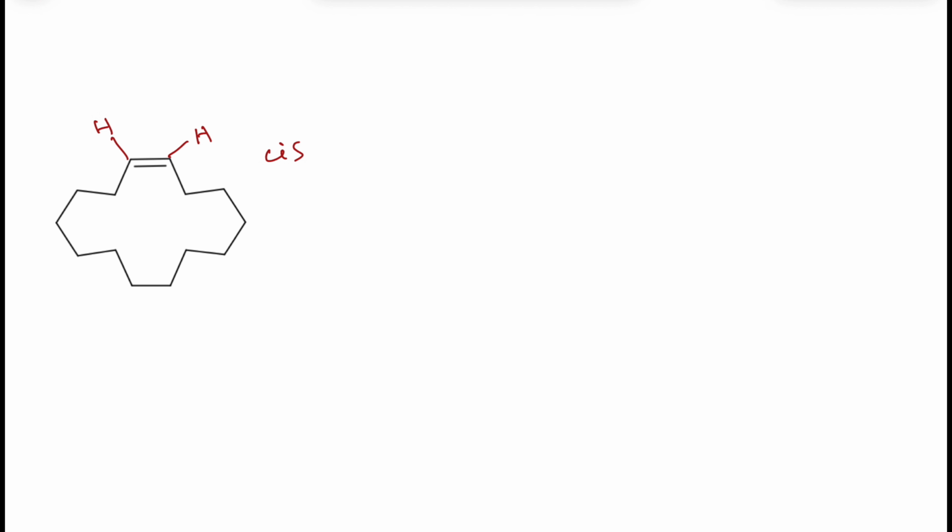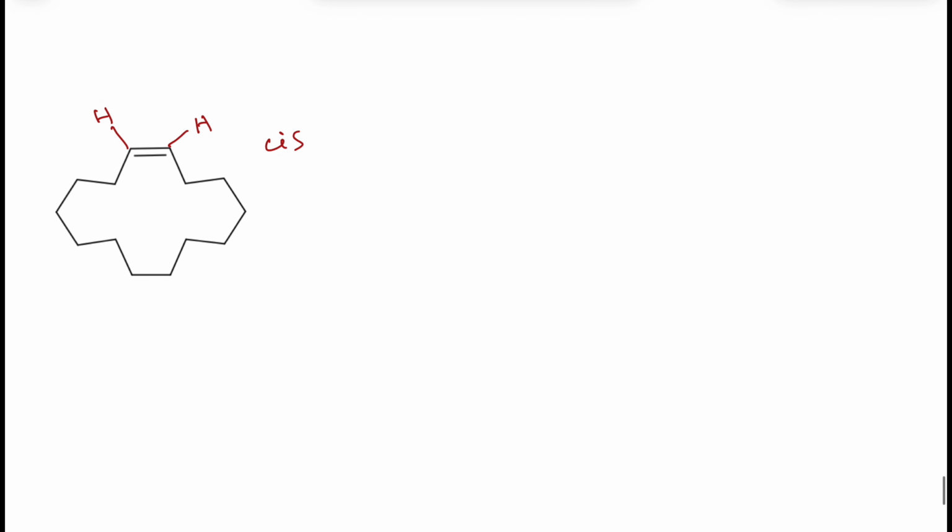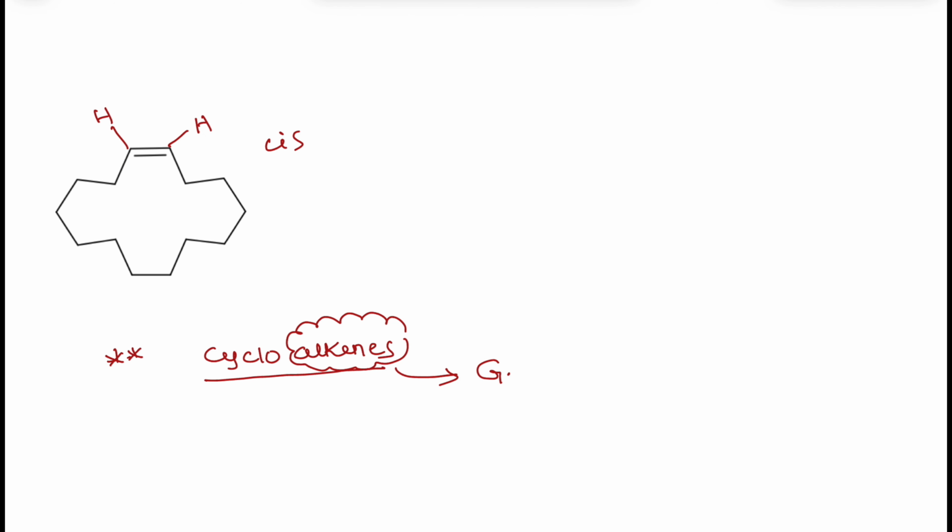So this is about geometrical isomerism in cycloalkenes. The key point here is, in the case of cycloalkenes, the double bond is a geometrical center if the ring contains 8 or more carbon atoms. Cyclooctene, cis and trans both are possible.